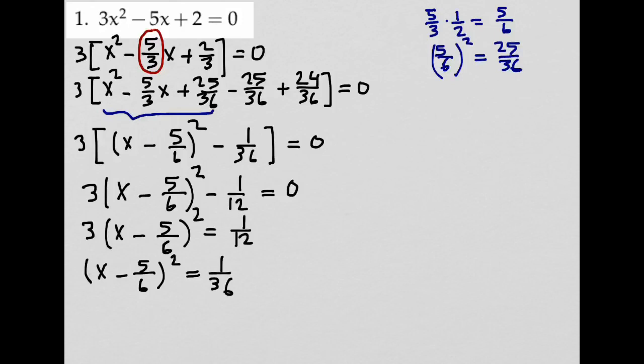Let us square root both sides to get x minus 5 over 6 equals plus or minus square root of 1 over 36, that's 1 over 6.